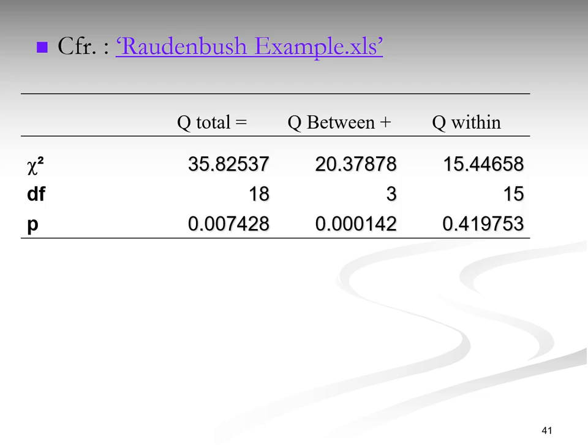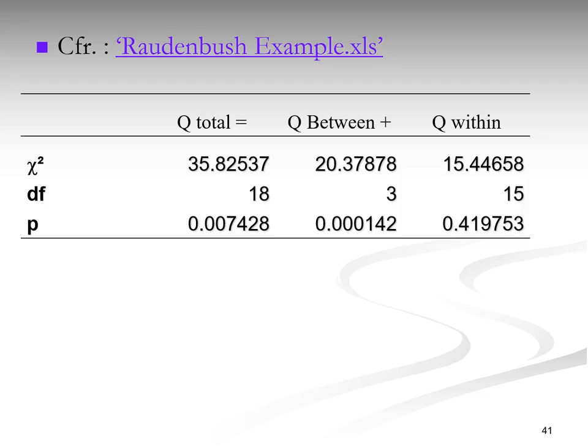Maybe you can have a look at the Excel sheet that is on Toledo called Raudenbusch example. In this Excel sheet, I did all these calculations. So I used a fixed effects model to estimate and to test the theta, so the common population effect size. I also used a random effects model to test and to estimate the mean population effect size.